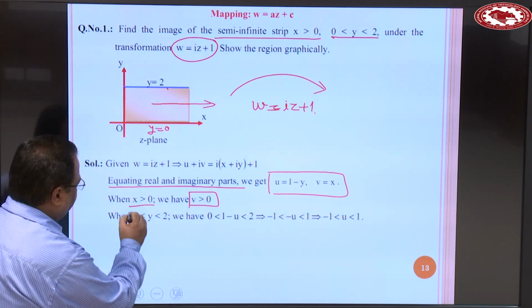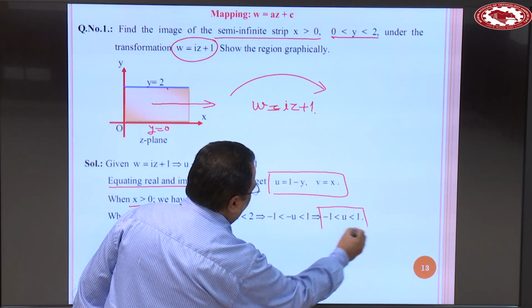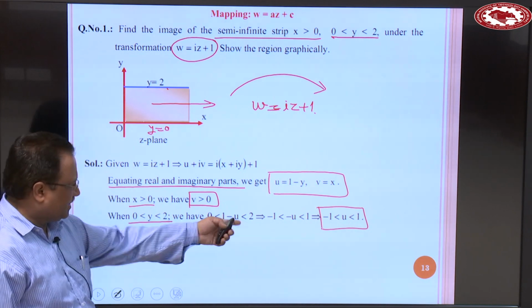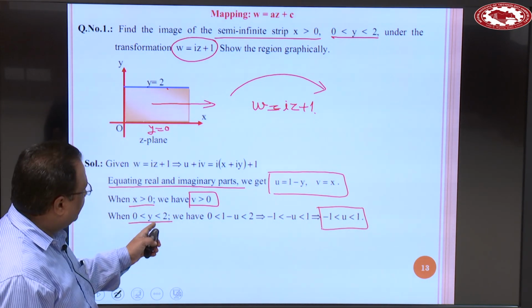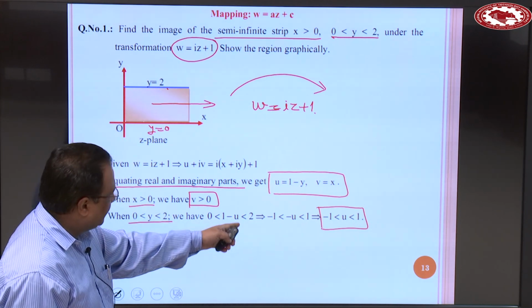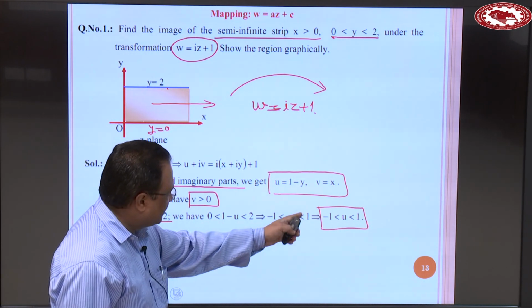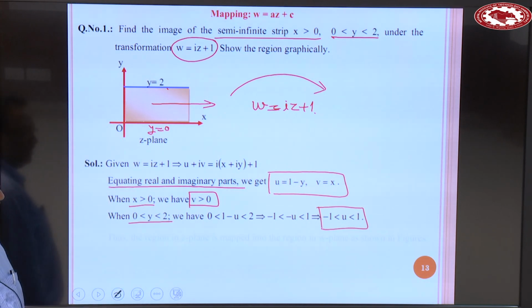When y in between 0 and 2, then u in between minus 1 and 1, clear. So this one is the process. 0 less than y less than 2, this means y is 1 minus u. So 0 less than 1 minus u less than 2, and this means minus 1 less than u less than 1. Okay.